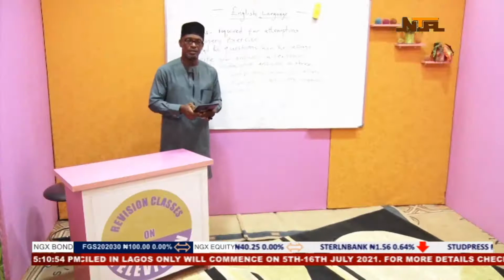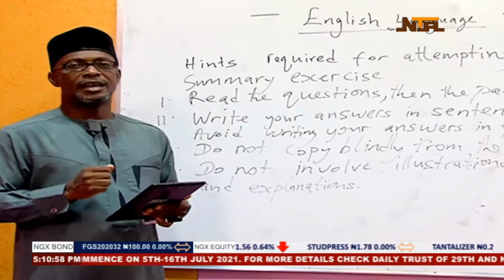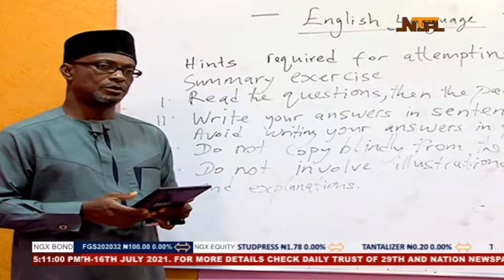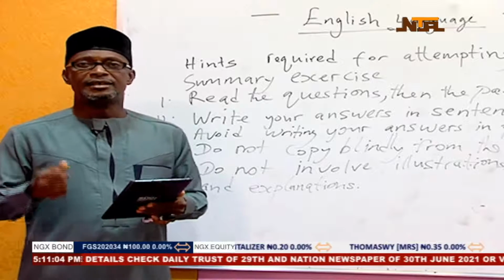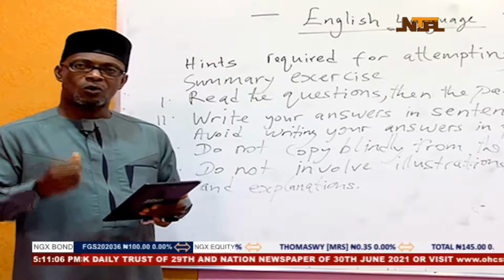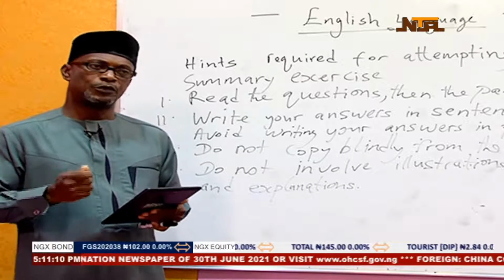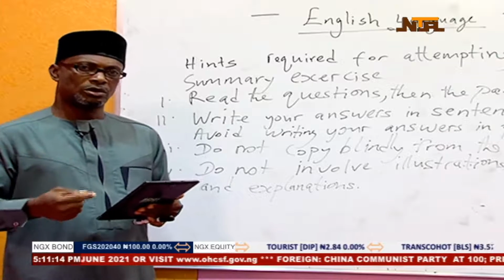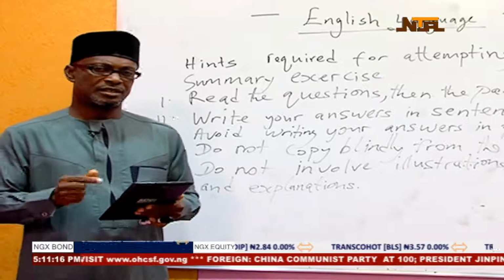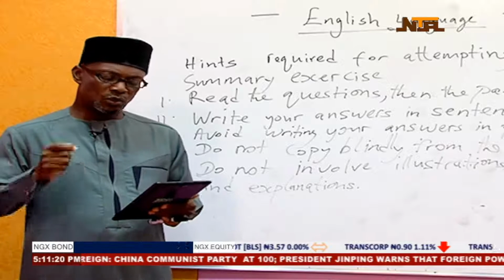So we'll go back to the question under the passage. For this exercise, we have two levels of question. Question A and question B. And they are all recall questions, like I said earlier on. That is summary passage for you. Your questions expect you to recall your answer from the passage, and you should put it entirely in your own word.